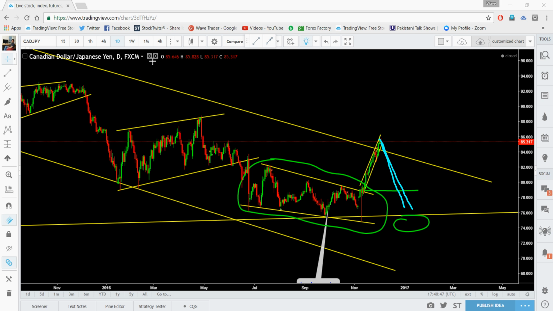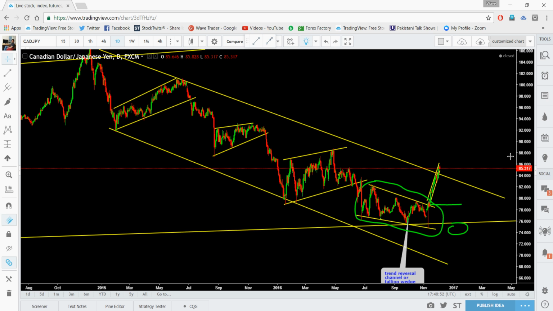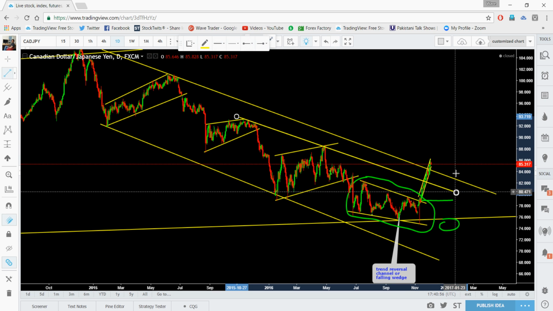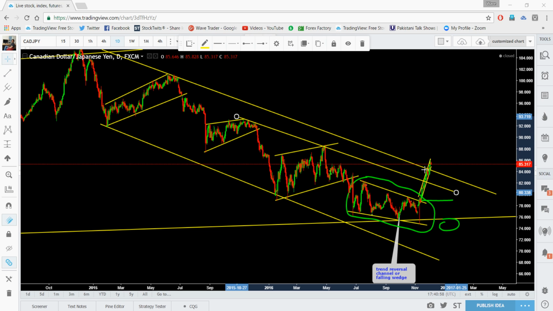Okay, the smaller channel has just broken and price just violated that trend line.